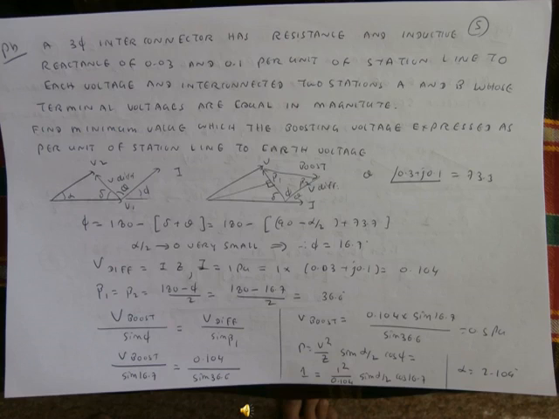So V boost is 0.104 multiplied by sin 16.7 divided by sin 36.6, so you get 0.5 per unit. P equals V squared by Z, sin alpha by 2, cos phi. Therefore 1 squared over 0.104 times sin alpha by 2 times cos 16.7, you get alpha equal to 2.109 degrees.